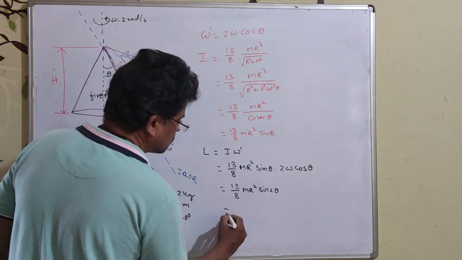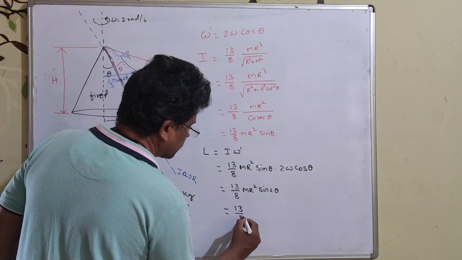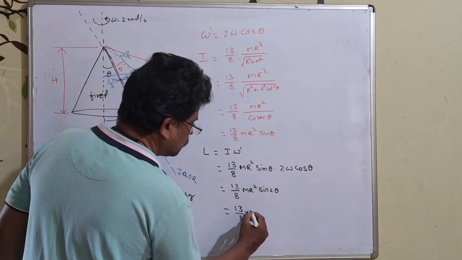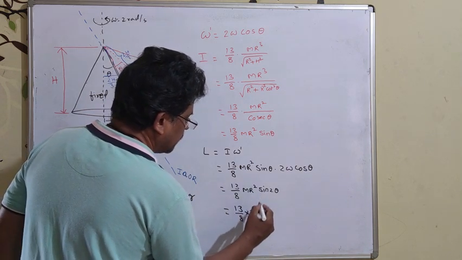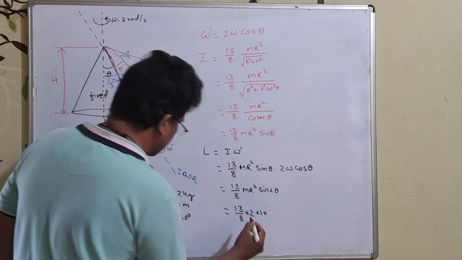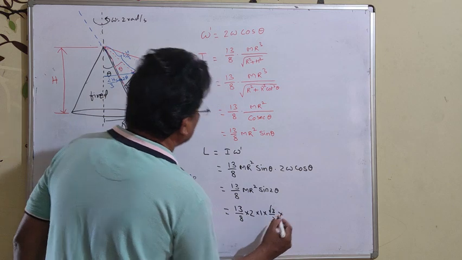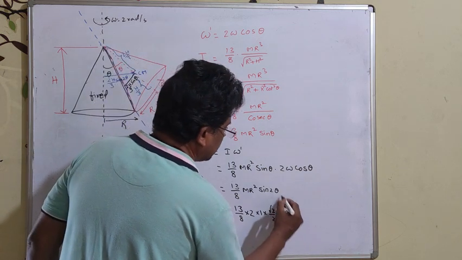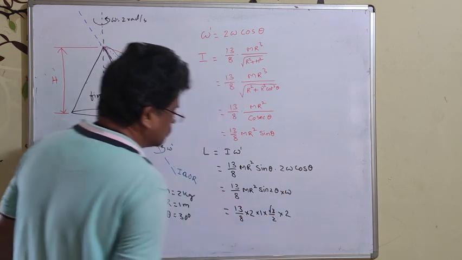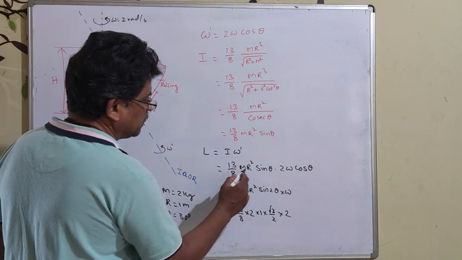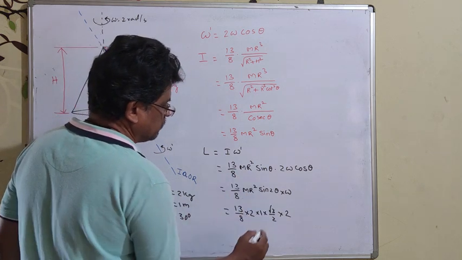Then this one becomes 13 by 8 into M, 2 kilograms, and r is 1, sin 60. Sin 60 is root 3 by 2, and omega is given as 2 radians per second. So L is equal to 13 by 8 M r square sin 2 theta omega.